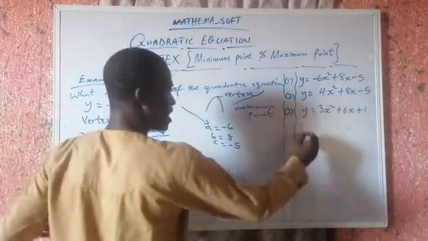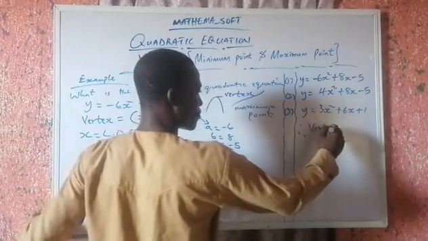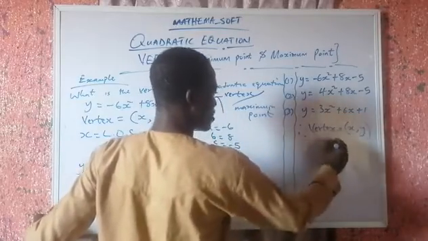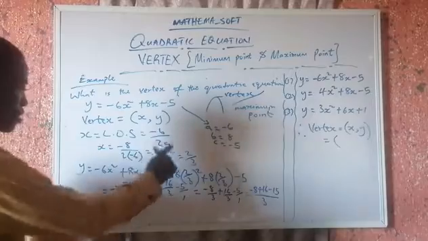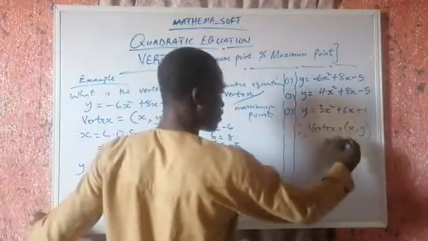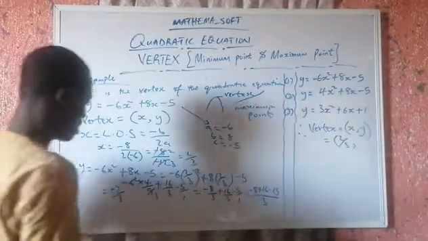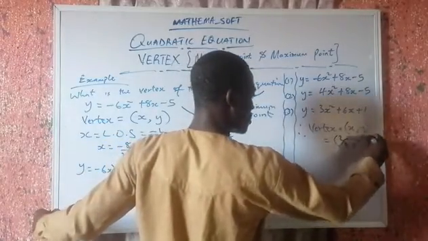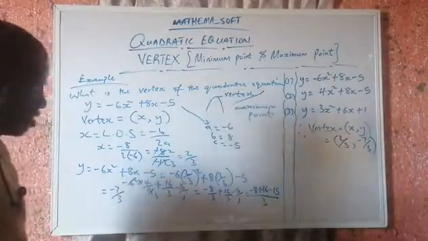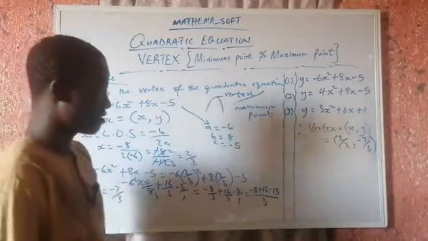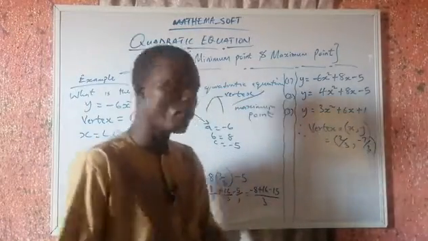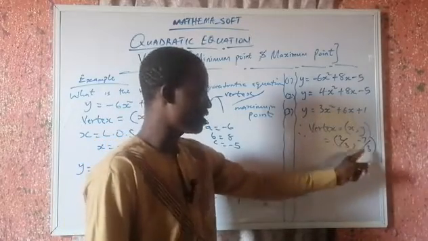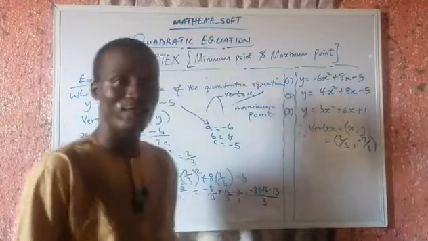So we can say, therefore, the vertex, which is x comma y, in this case, is equal to x is 2 over 3, and our y is minus 7 over 3. So our vertex in this case, or the maximum point, occurs where we have x as 2 over 3 and y as minus 7 over 3.